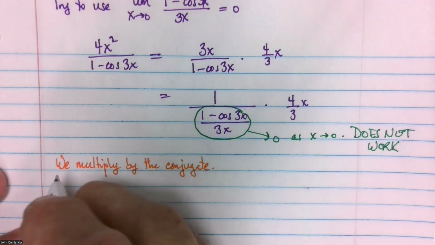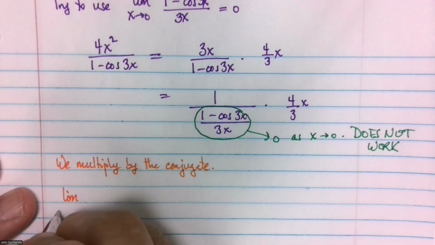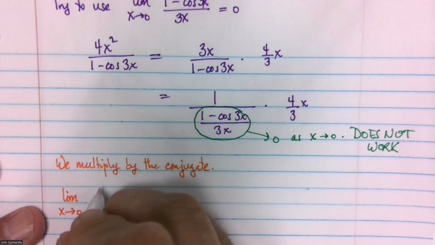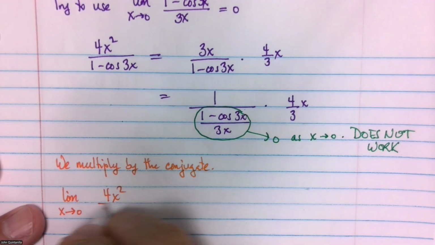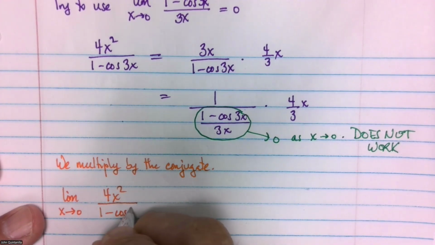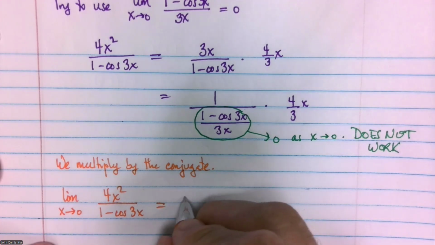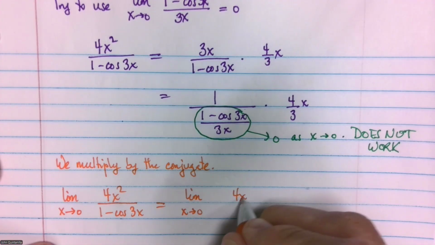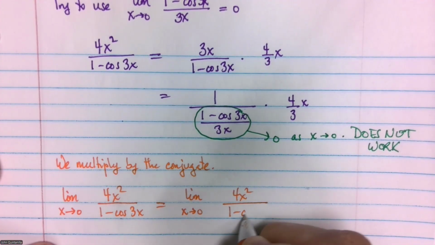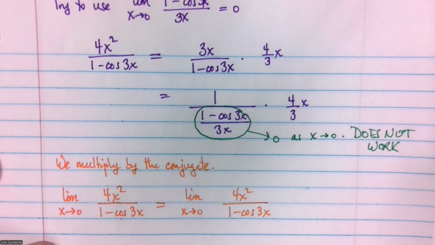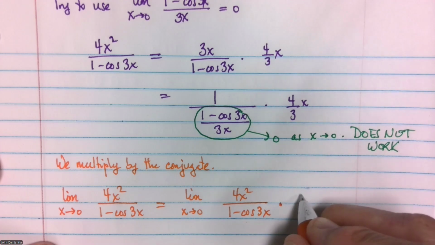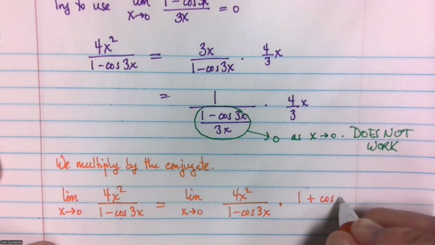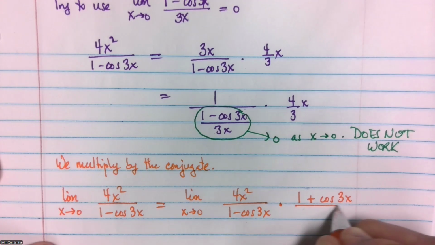So let's take a look at the limit as x approaches 0 of 4x squared over 1 minus cosine of 3x. For the first part, I will simply copy down what I have on the left-hand side, 4x squared over 1 minus cosine 3x, and now I will multiply by an extra fraction, 1 plus cosine 3x over 1 plus cosine 3x.